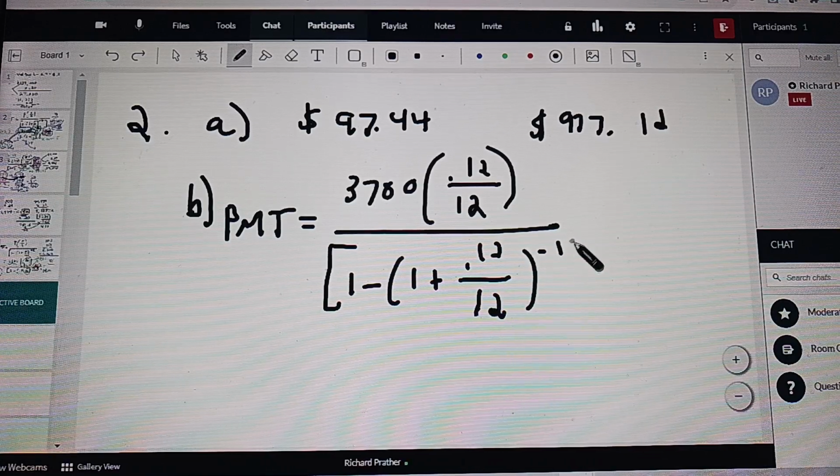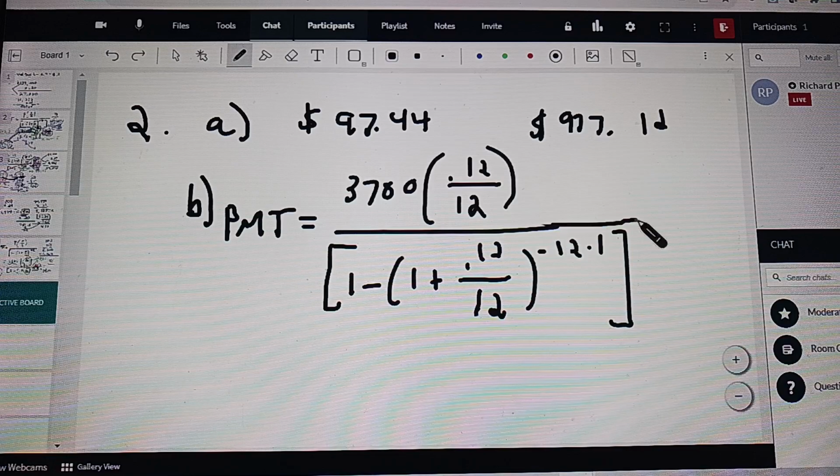So negative 12 always. And then we're going to do this in 1 year. In 1 year, you're only going to make 12 payments because there's only 12 months in a year. So 12 times 1 is 12. That's how many total payments you're going to make.